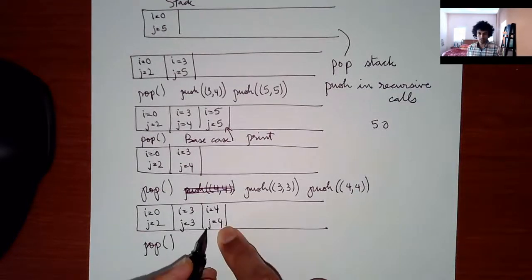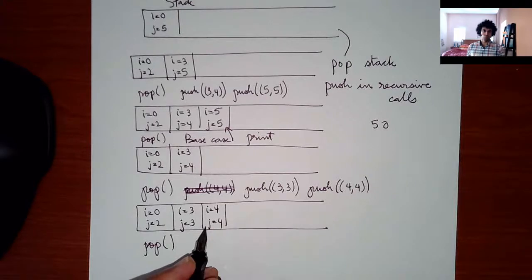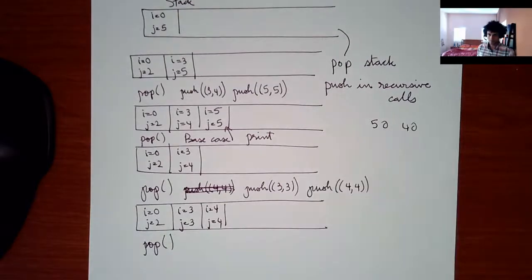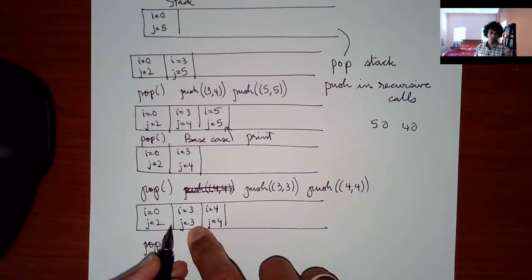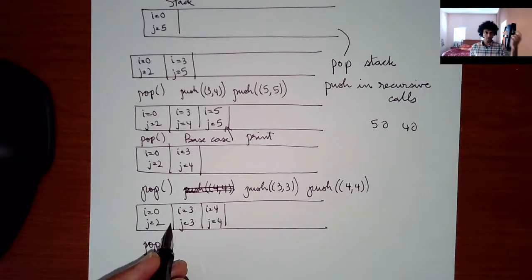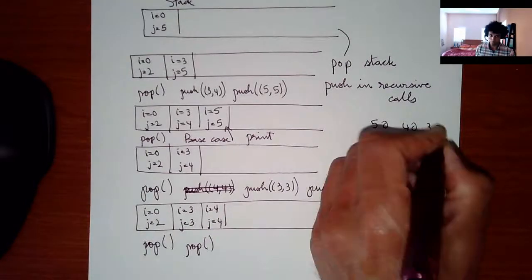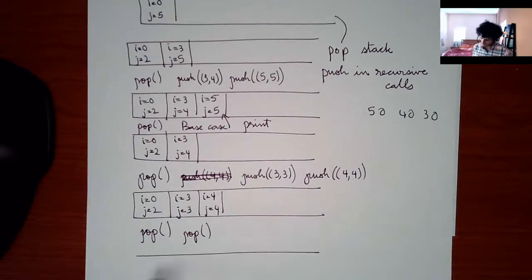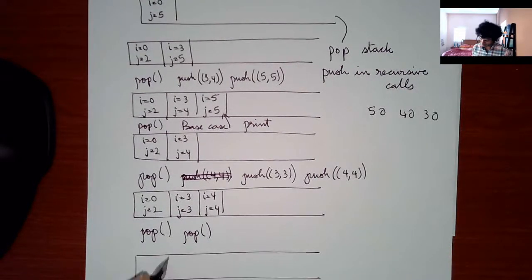That's a base case call. So you go ahead and print the 40. And then you do another pop because you keep popping when you see base case calls. So there will be a pop and there's another pop and that prints the 30. And now we're down to i is equal to 0, j is equal to 2.